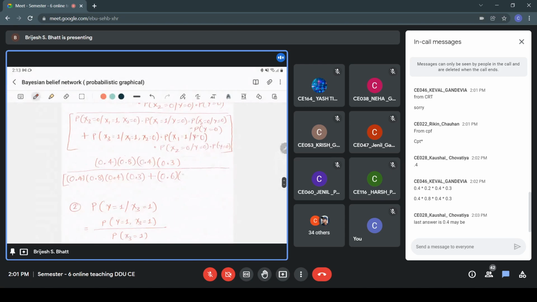I think everything else remains the same, right? And so all these are common terms. So rather than doing the multiplication, I would do it like this.